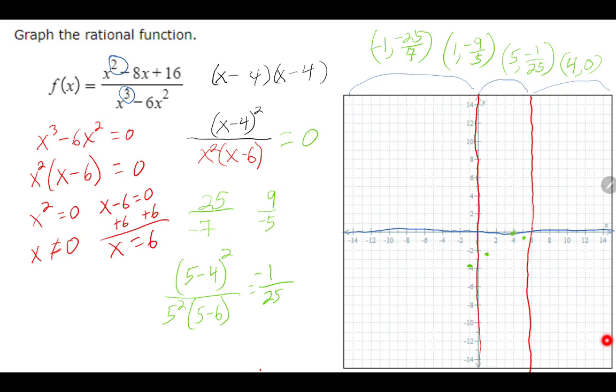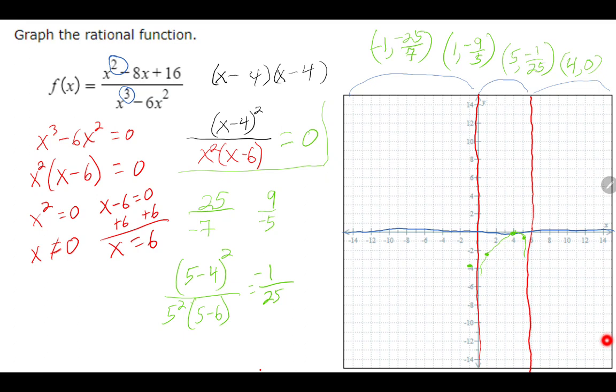But I know I'm coming back down too, so I do need to check something over here. I didn't need to plug in 5. If I really looked at it, I probably could have done this piece first, and then I wouldn't have had to plug in 5 because I'd know where I'm at. But this tells me that my graph is going to go like this, up, touch, and come back down, but it's not actually going to go through.